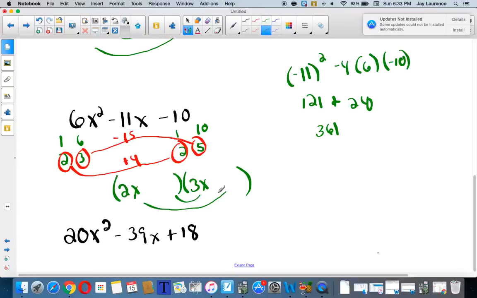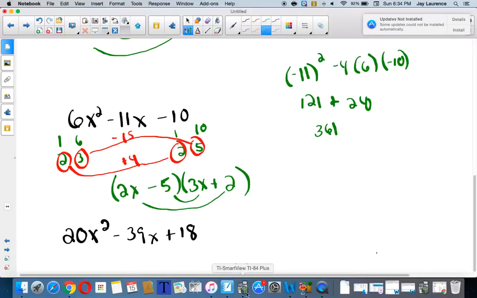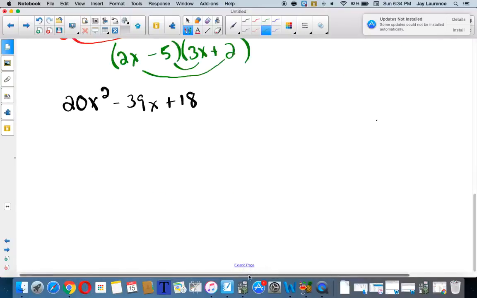So this loop ends up with a 2. It'll be a positive. And the little loop is going to get a 5 because 3 gets multiplied by 5. And I noticed the 15 was negative, so I'll make the 5 negative. And there you go. It's factored. That is the only way to factor it, by the way. I mean, of course, you could have the quantity of 3x plus 2 times quantity of 2x minus 5, where you change the order of the quantities, but that is the only way to factor.